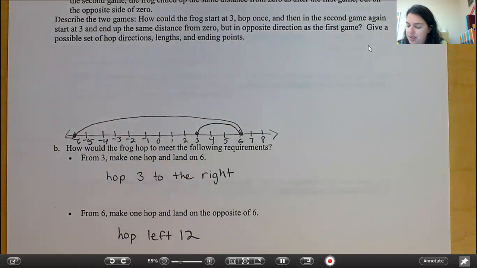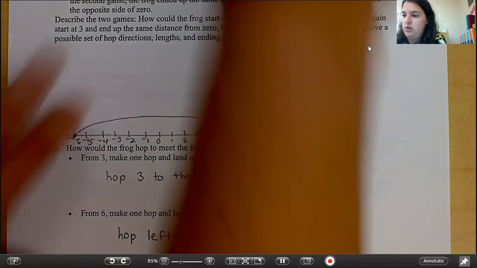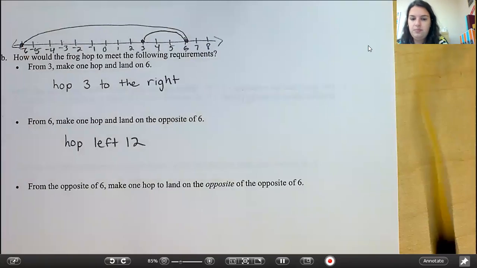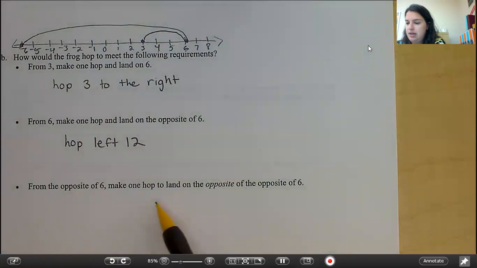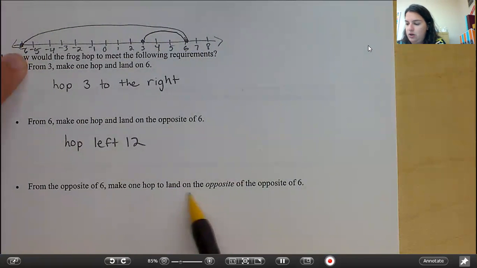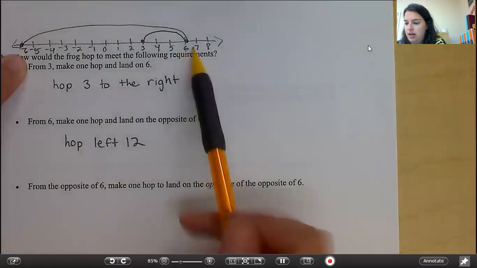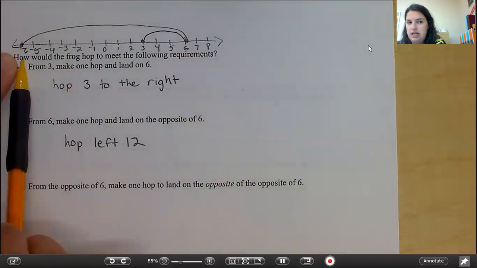So from the opposite of 6, which is negative 6, make one hop to land on the opposite. Oh, I'm sorry, you can't see that. From the opposite of 6, make one hop to land on the opposite of 6. So we have 6. The opposite of 6 is negative 6.